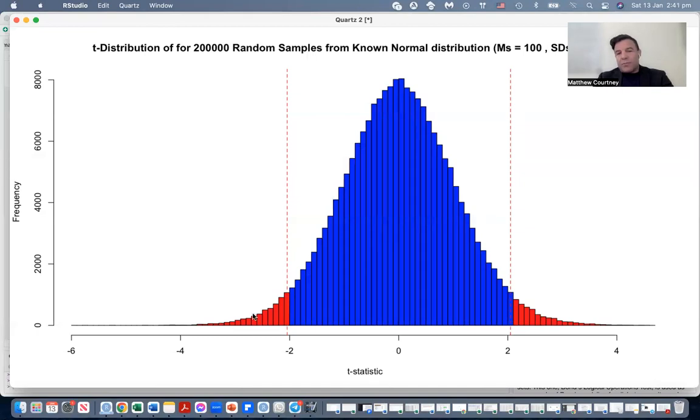So this is the profile of potential outcomes of our research, given the assumption that there's no difference in the populations between IQ of male and females.